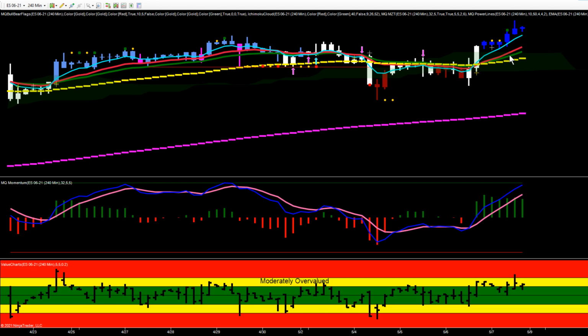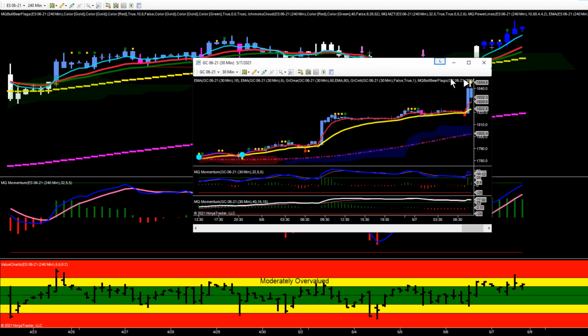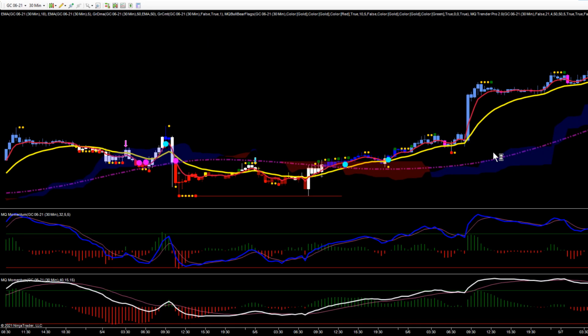But that's not really the only way you can trade a reversal doji. It doesn't have to actually reverse the trend. In fact, one of the ways that I like to trade reversal dojis, maybe even better, is when they are in the direction of the trend as continuation trades.